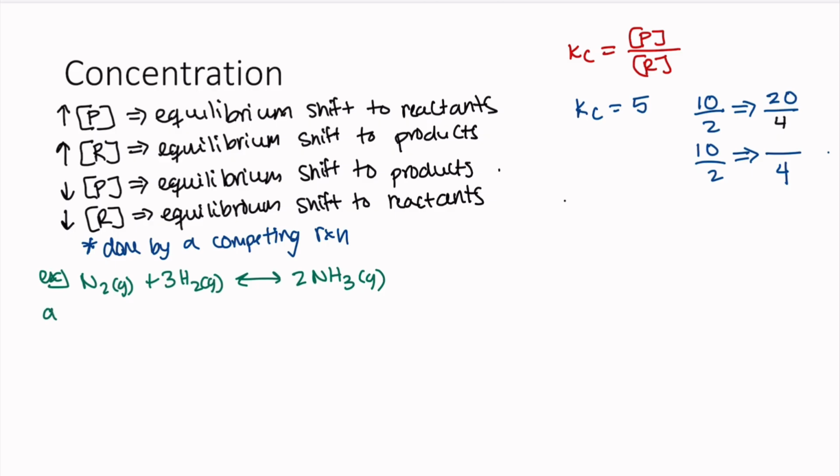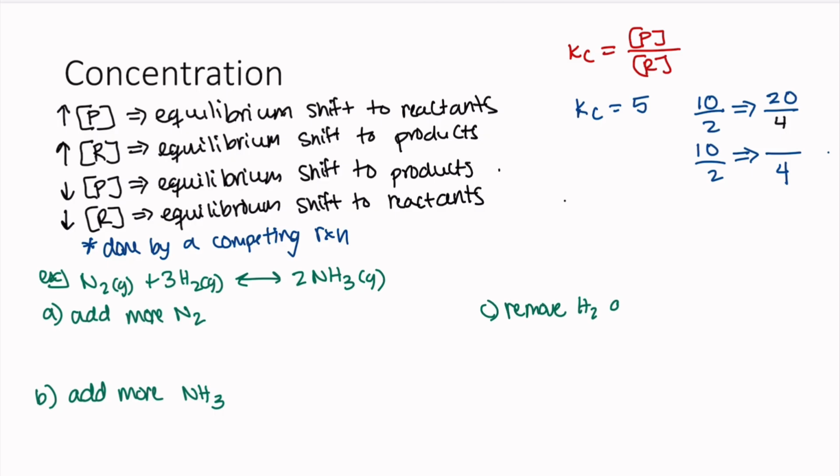So we can look at what's going to happen to our equilibrium system if we add more nitrogen, if we add more NH3, or if we remove the hydrogen gas source.